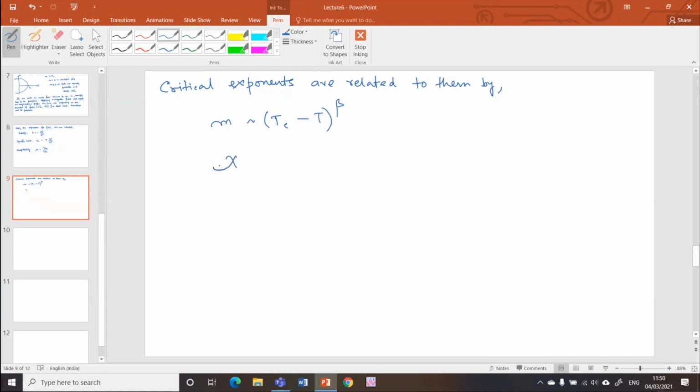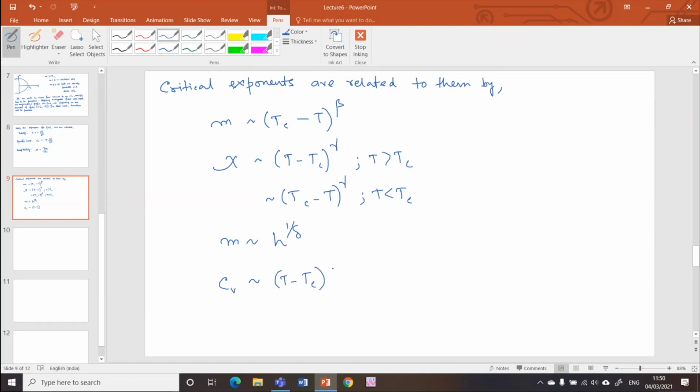Susceptibility goes as T minus Tc to the power gamma for T above Tc, and as Tc minus T to the power gamma at T below Tc. m goes as h to the power 1 by delta, and specific heat goes as T minus Tc to the power alpha.